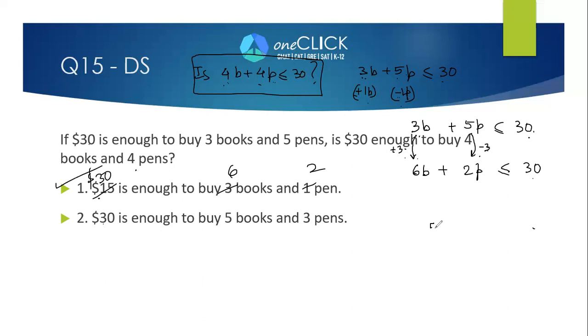Okay. 2 is saying 5 books, 3 pens is less than equal to 30. You have already been given 3 books and 5 pens is less than equal to 30. So again you reduce 2 and increase 2, it does not exceed 30. So if changing by 2 does not exceed it, changing by 1 definitely won't. For example, if changing by 2 and 2 increases the cost by $1 and it still is less than 30, then changing by 1 and 1 would increase only 50 cents.